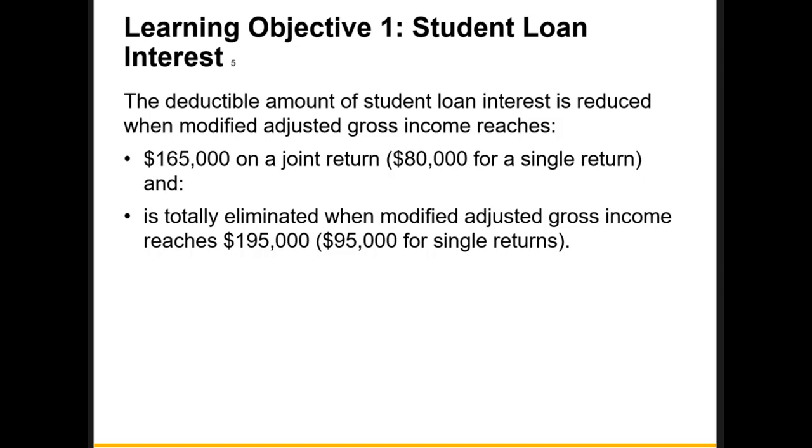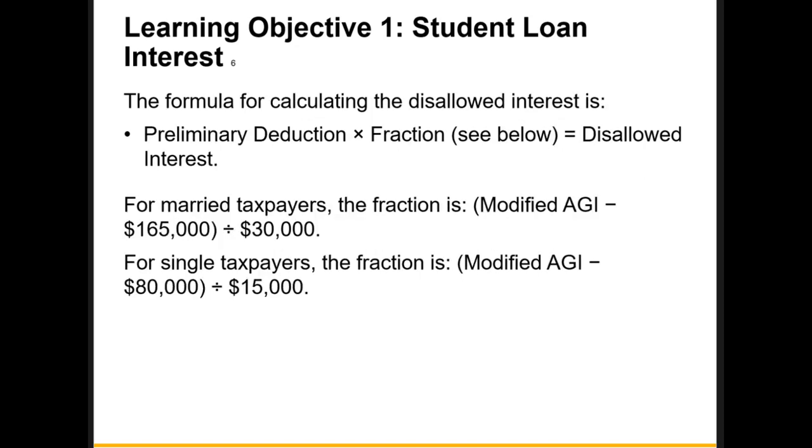So it's a $30,000 window for a joint return and a $15,000 window for single returns. So literally, if your income is $96,000 on a single filer, you don't get any deduction for the student loan interest, regardless of how much you paid or any of the other issues that have to do with it.